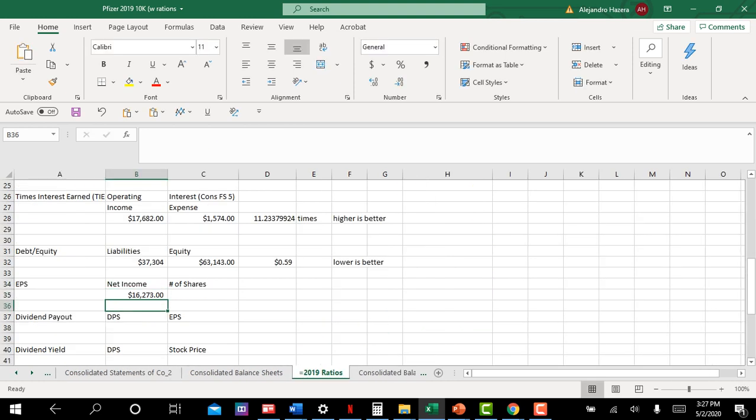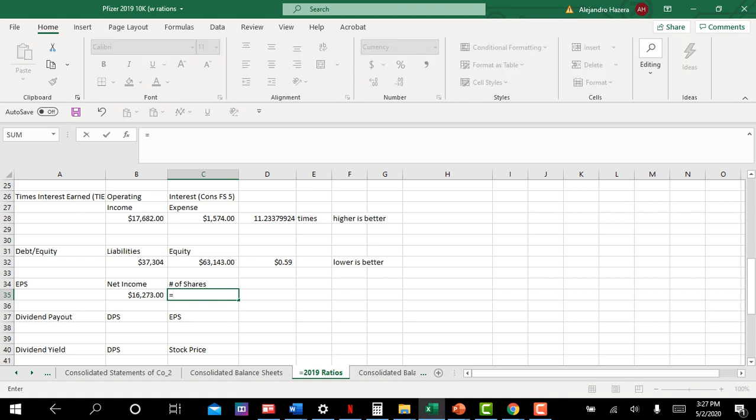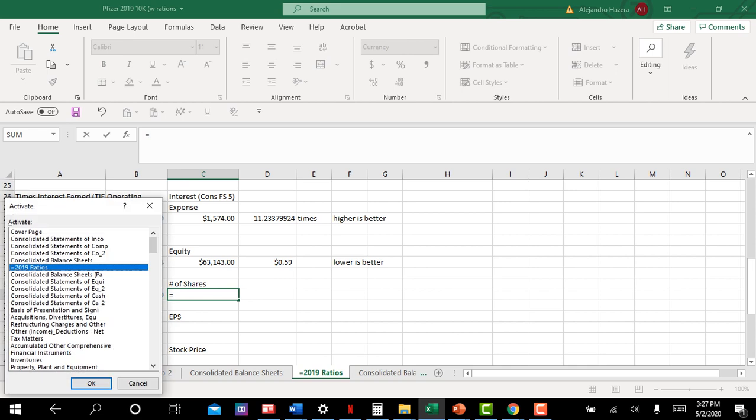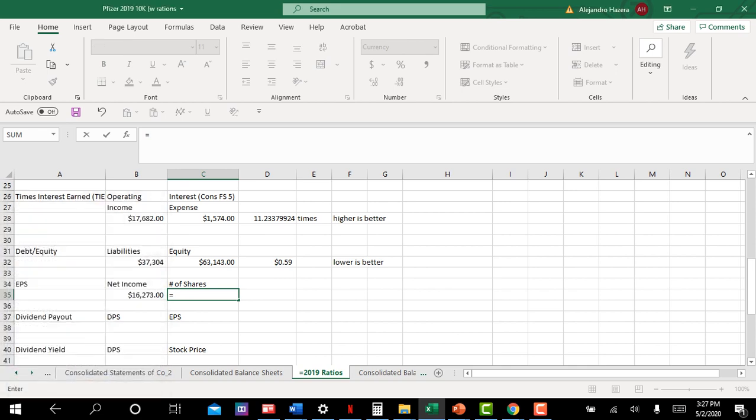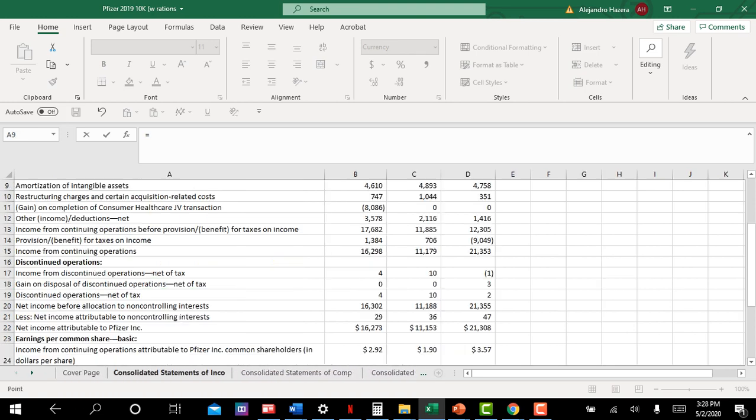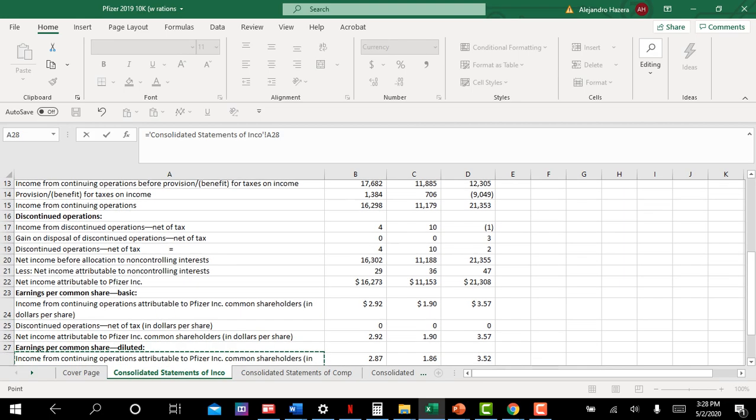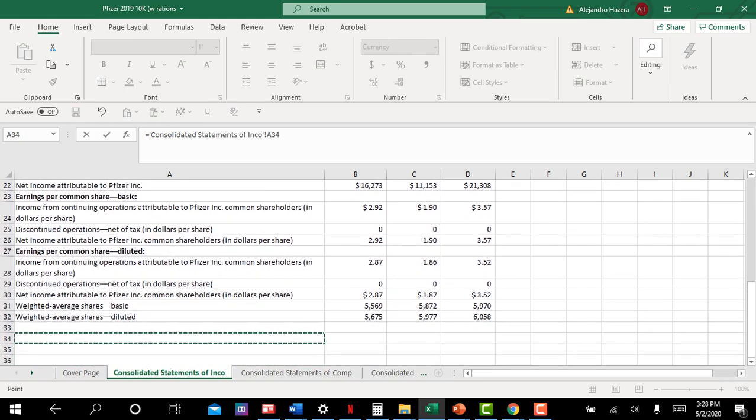Okay, so net income. There it is. Now, number of shares. You may be asking where we get the number of shares. It's very easy. Number of shares is obtained from the income statement. Now, it's a balance sheet account, really, because it's equity, but it just so happens, and I want to point this out to you, that the earnings per share calculation is really done on the income statement.